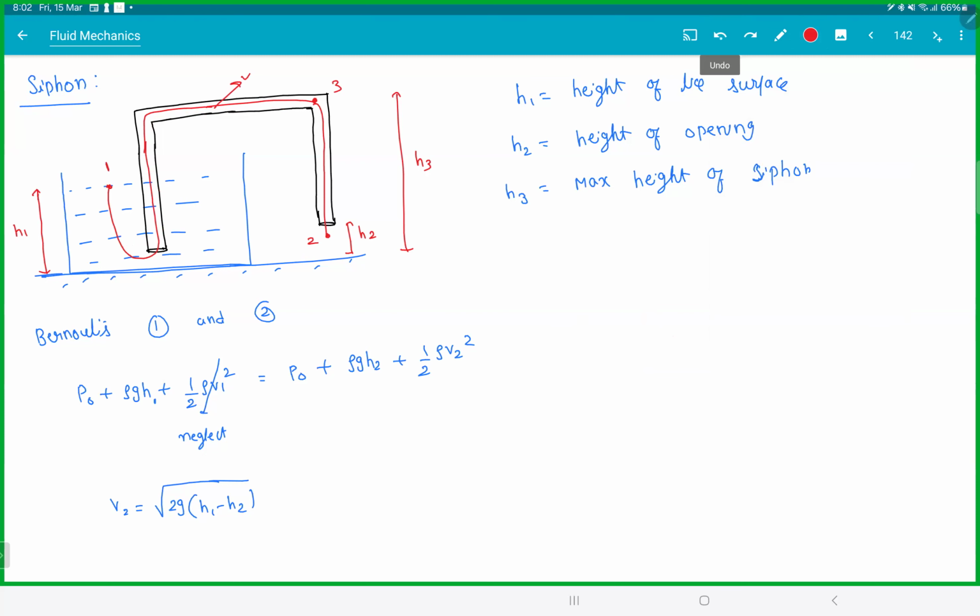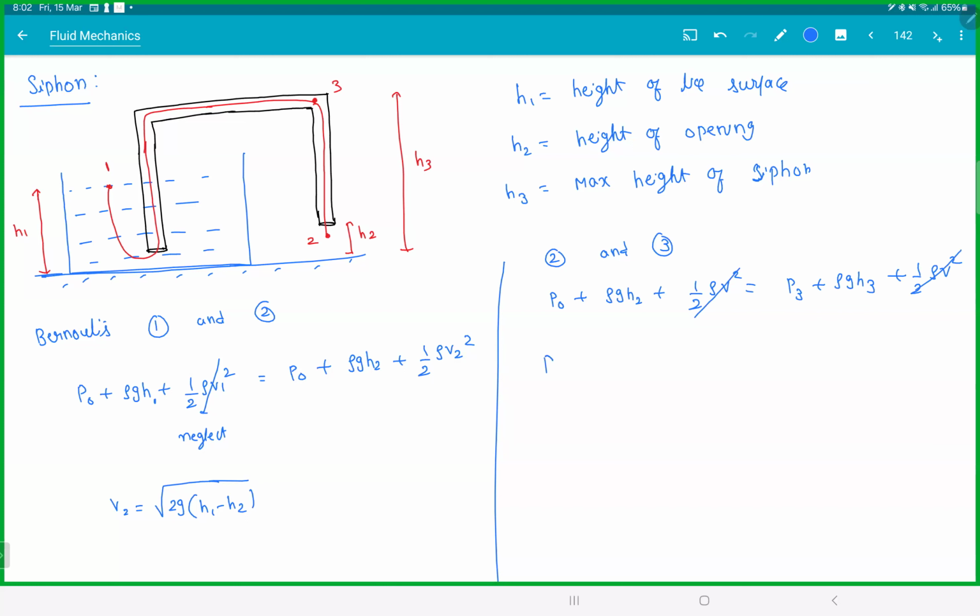But there is one more catch on this. If you apply Bernoulli's between, let's say 1 and 3, or 2 and 3, we have pressure P0 plus rho g h2 plus half rho V square. This is P3 plus rho g h3. Area of the pipe is same, so half rho V square.